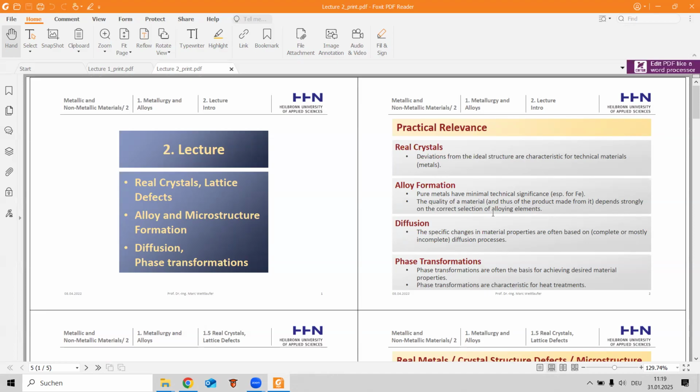The quality of the material, and thus the product made from it, depends strongly on the correct selection of alloying elements. Specific changes in material properties are often based, wholly or partially, on diffusion processes and phase transformations. Phase transformations are often the basis for achieving desired material properties, and are characteristic for heat treatment.